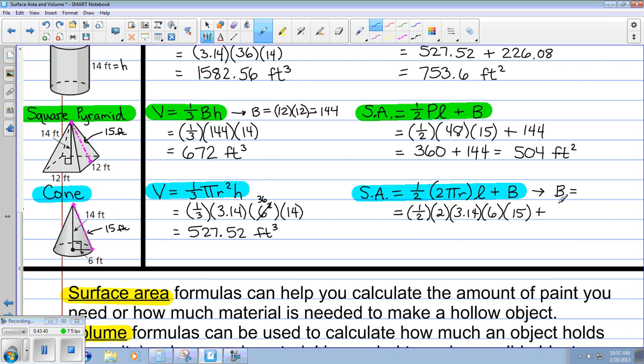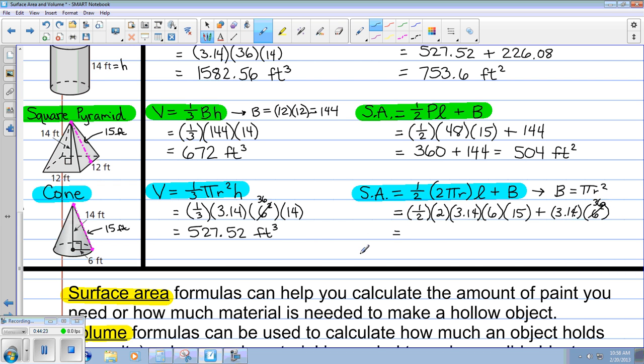So the area of the base is going to be pi times r squared, which means it is 3.14 times r squared. The radius is 6, so squared is actually 36.